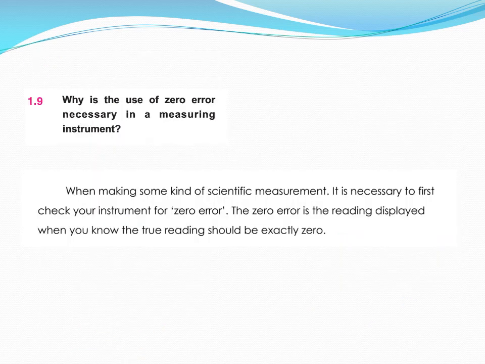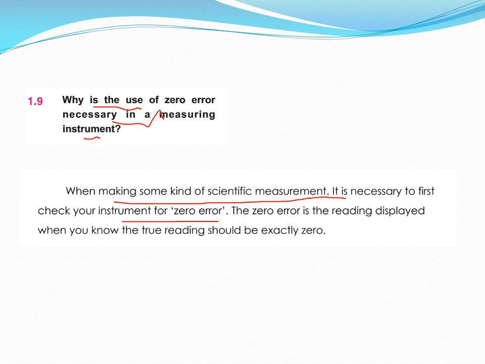Dear students, as you come to know that physics is the science of measurements, and in physics we mostly measure physical quantities. So question 1.9 is regarding why the zero error is necessary in measuring instruments. When making some kind of scientific measurement, it is necessary to first check your instrument for zero.